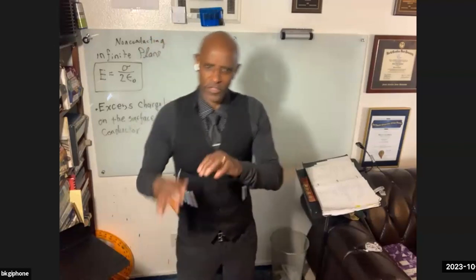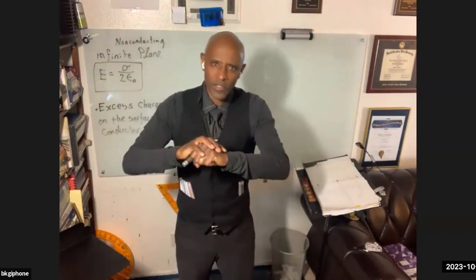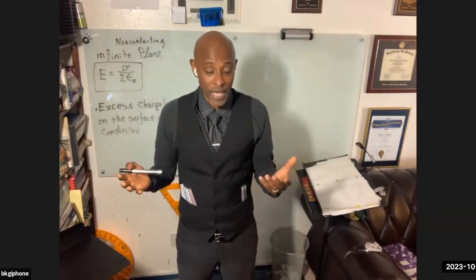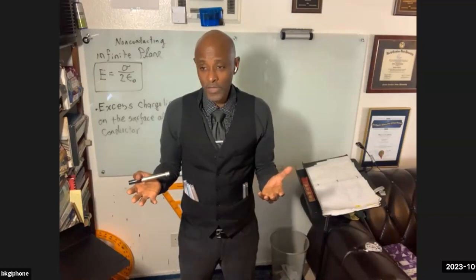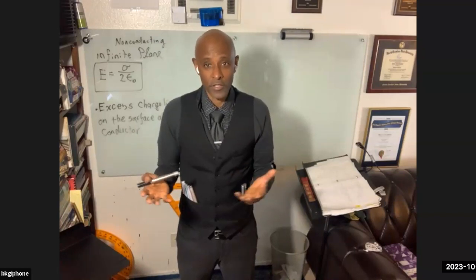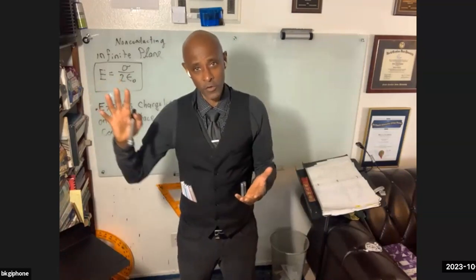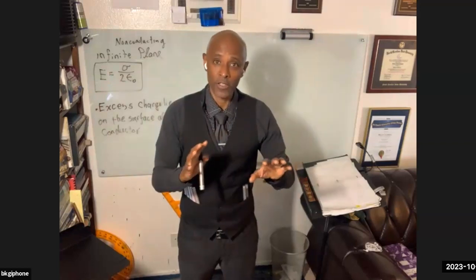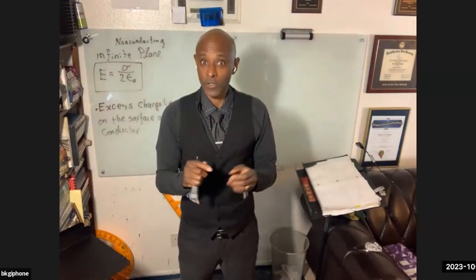So you might think, well, shouldn't there be a field between the positive charges? Well, there's not. Here again, the model says that it's neutral unless some external field comes along and shifts the cloud and causes an electric field to exist.